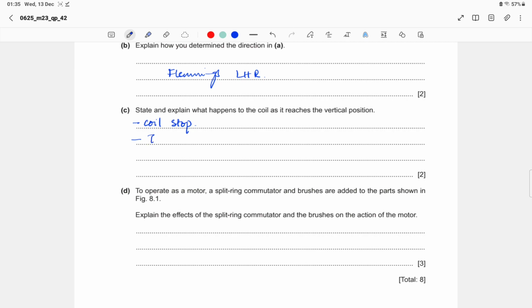The turning effect is going to decrease or equal 0. The turning effect is going to reverse, or you can say change direction.